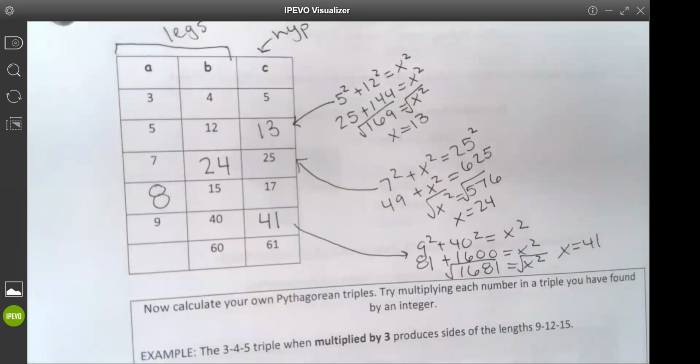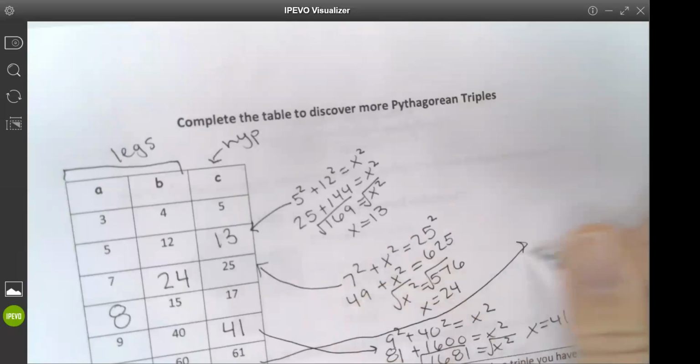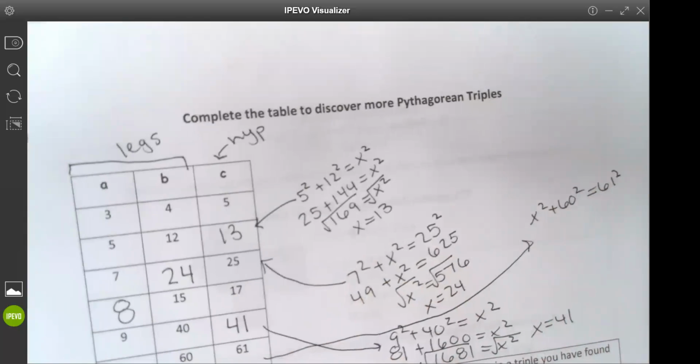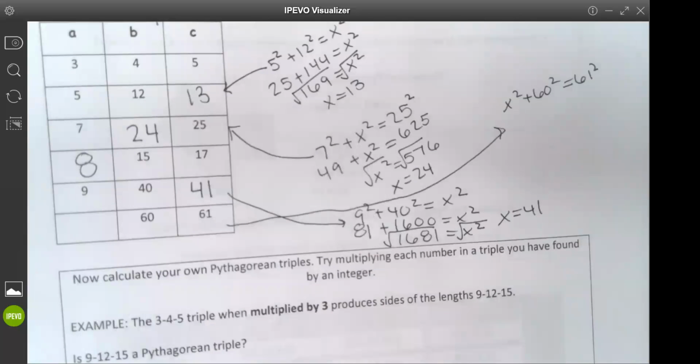Give you 30 seconds to fill out this last one. We're missing a leg. So setup would be x squared plus 60 squared equals 61 squared. Give you some time to use those calculators.